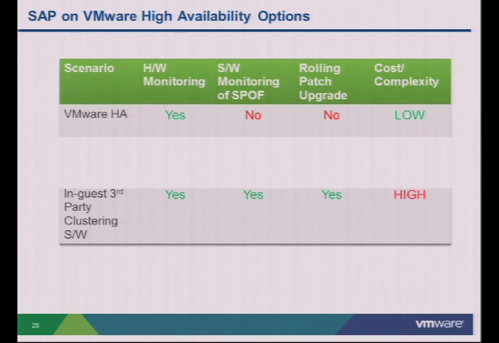So traditionally, customers have been protecting SAP in the physical world with third-party clustering software, like RAC, Oracle Clusterware, Veritas Cluster, Sun Cluster. Those are the kind of clustering solutions SAP customers are using. And some customers are saying, look, VMware HA is great, but I really need software monitoring as well. I need automatic detection of my database and central instance.